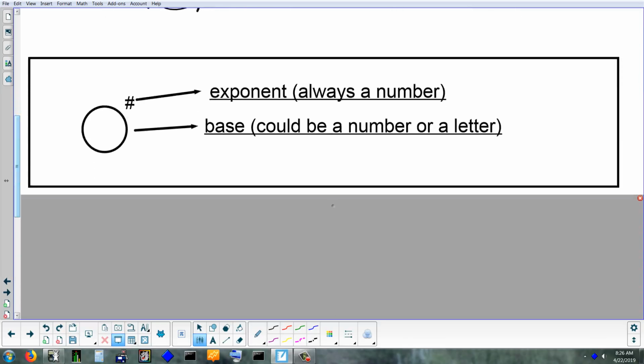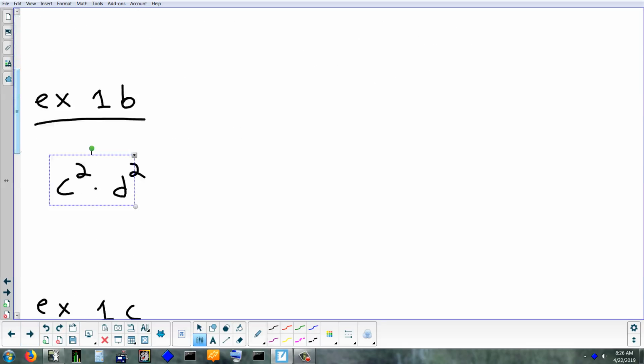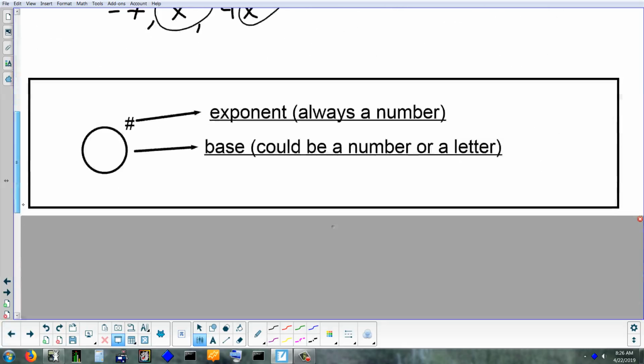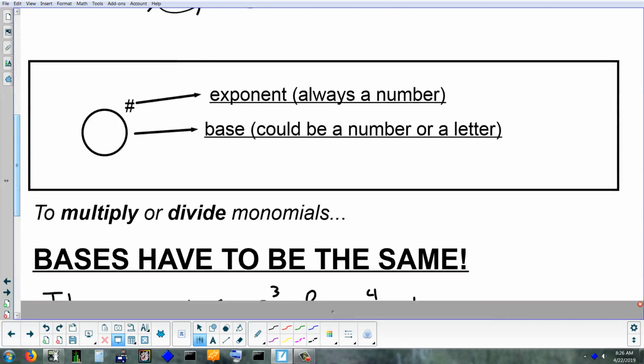All right, so what we want to look at is actually kind of like the problems I was just showing you on the next page. When you've got something like that, is there a way to take these two things and put them together? Well, the answer is it depends. Here I see a C and a D. Here I only see an R. If you want to take everything and put it together, the bases have to be the same.